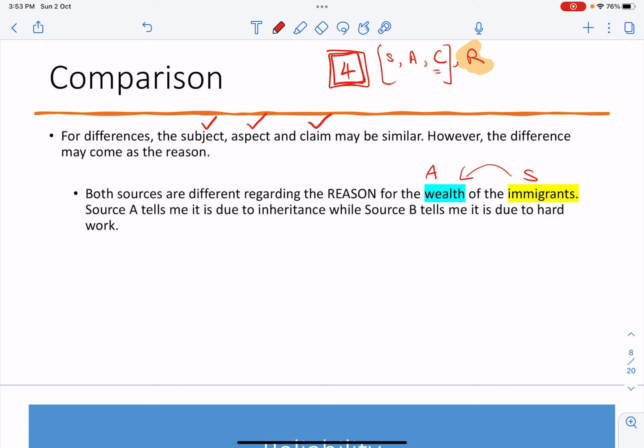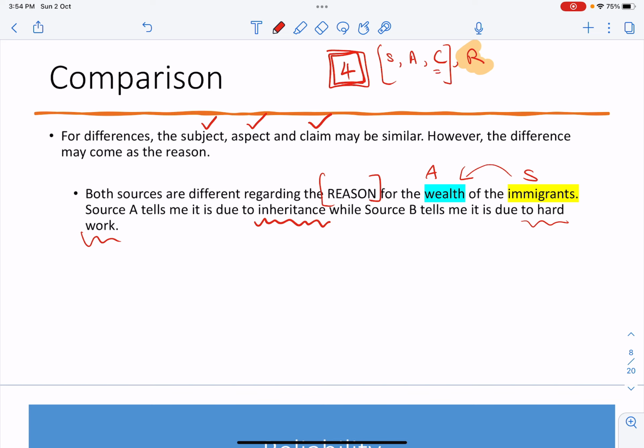And so now my difference is when I read both sources. Okay, although I can see that both claim the immigrants' lifestyle, right, is that they are wealthy. However, both are different in terms of my reason why they are wealthy. Because I can clearly see from A that the wealth comes from the inheritance from their grandparents, while the reason from B claims that it is due to their hard work, it's due to their resilience, it's due to them never giving up, and that is how they build their wealth.